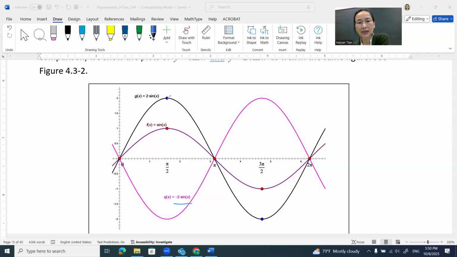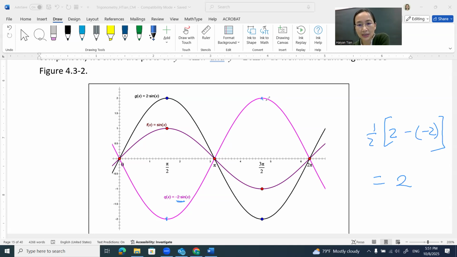And -2 sine x and +2 sine x have the same amplitude, because for -2 sine x the minimum is -2, maximum is still +2. So the difference between maximum and minimum is still 4. Half of the difference is still 2.